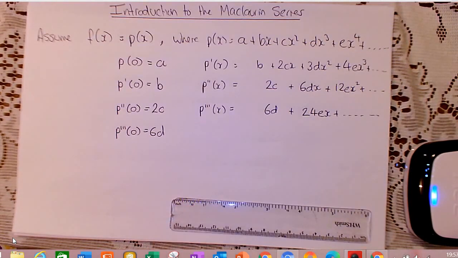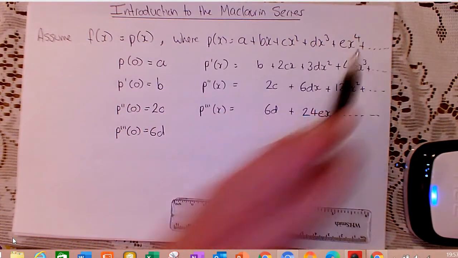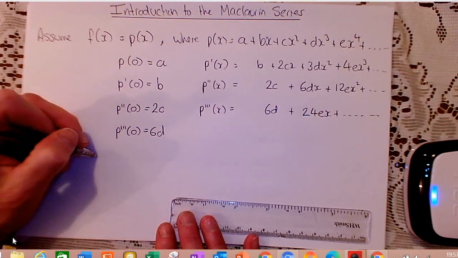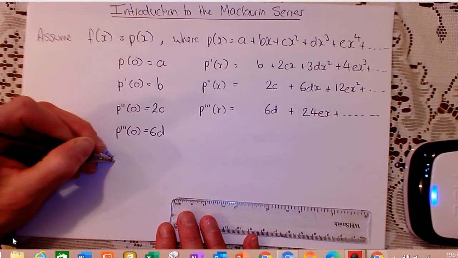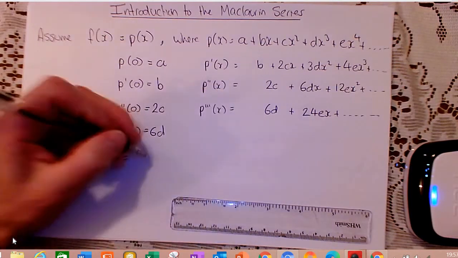Okay, so going back to the original polynomial, I can say my original infinite polynomial can be written as: well, a is p of 0.